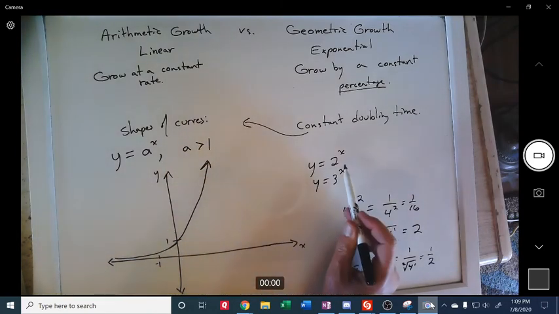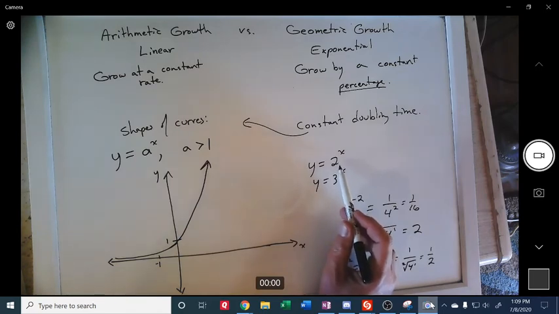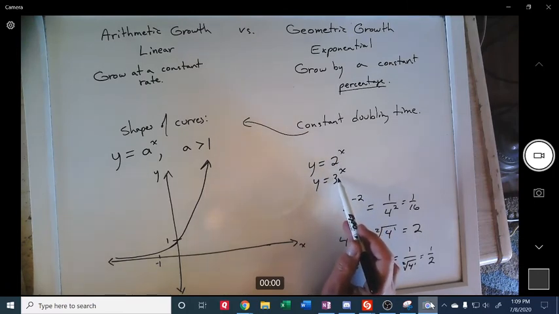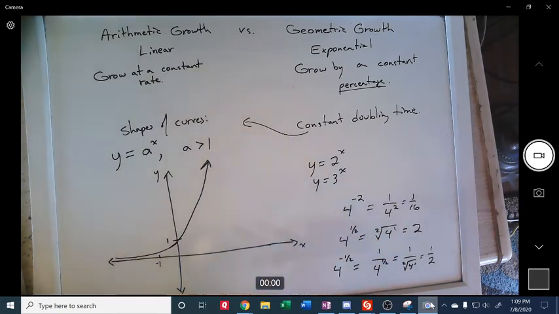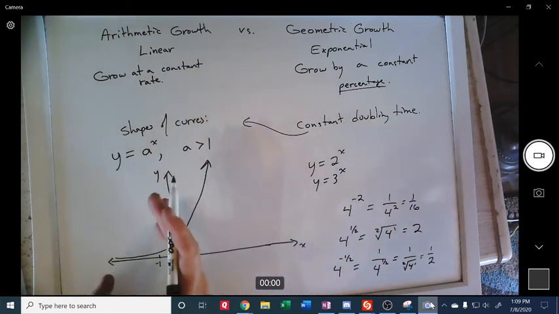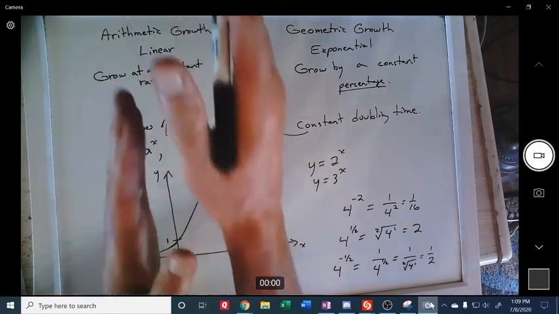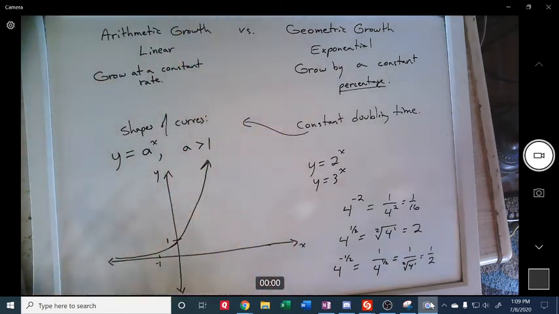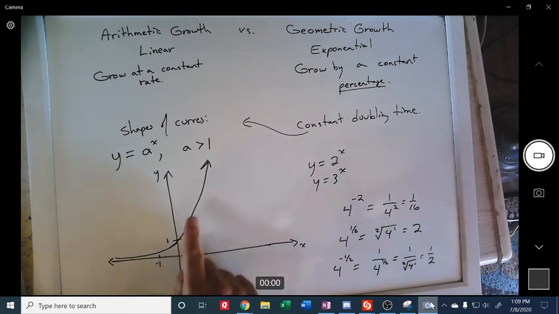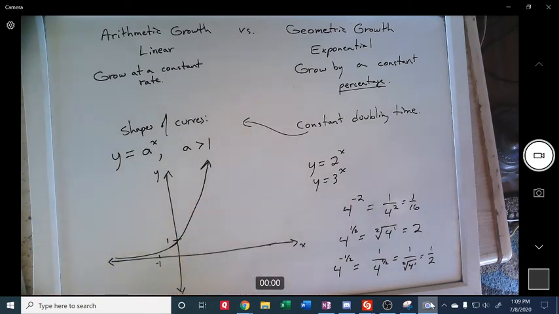Because if, for instance, x was negative 1, you would get 1/2 versus 1/3 over here. So if you're tripling your money every day, you're going to go up very quickly. But if you went back a day, you'd only have needed 1/3 of the amount of money to go up to 1.